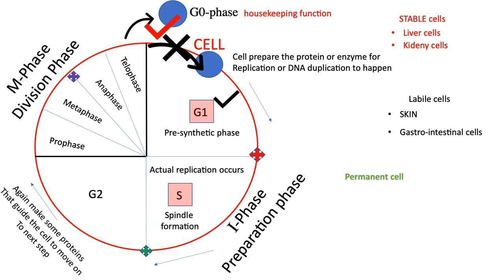Examples are neuron cells, or you can say the cells of the eye. Once they go into the G0 phase, they will never again become part of the G1 phase or other phases of the cycle.